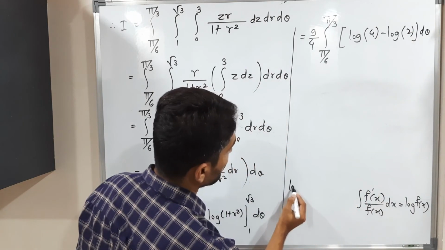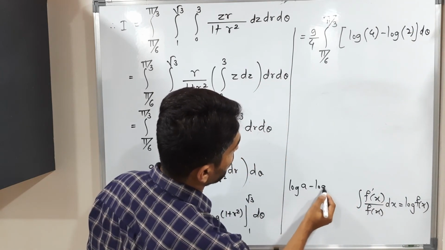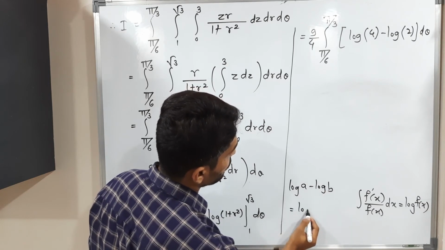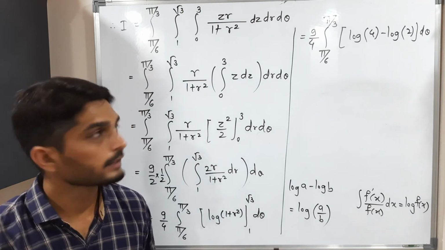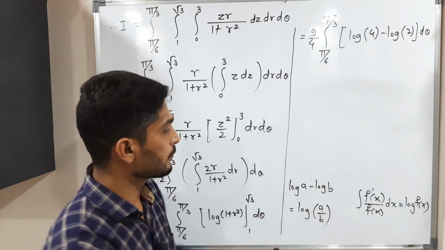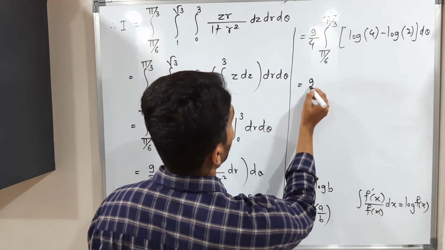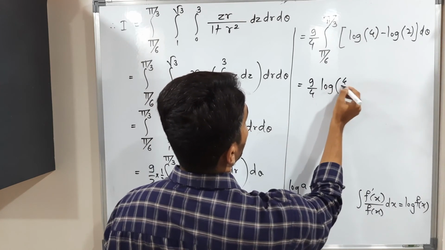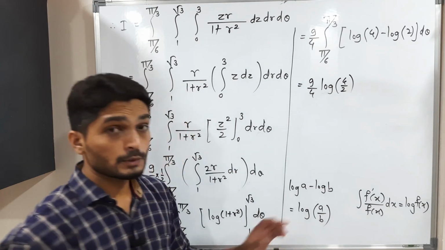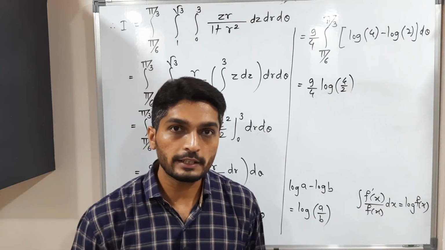You know that log A minus log B is log A divided by B by property of log, correct? So I can apply that property of log here. So this is 9 by 4 log 4 by 2. As well as this is a constant, so we can take it outside the integration.